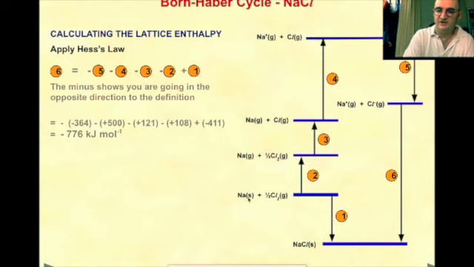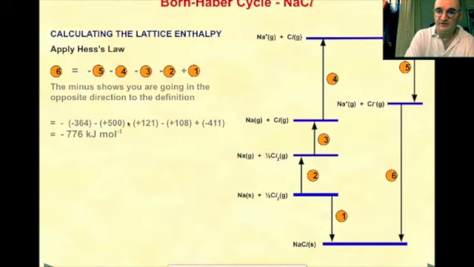Sodium is normally a solid, chlorine is normally a gas, and we make solid sodium chloride. That's exothermic because they are bonding. They're coming together, they are bonding, and that's exothermic. This is exothermic, lattice enthalpy, but it could also be endothermic in the opposite direction. The only other exothermic process here was this one, which is the electron affinity.